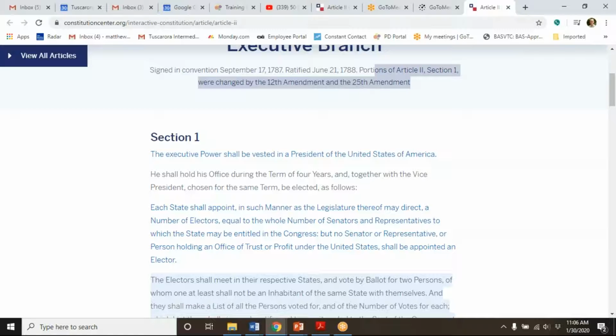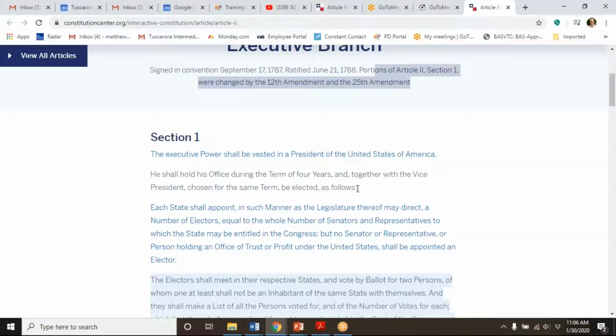If you sit down and you're taking the GED or the HiSET exam, and you have a reading that says Article 2, Section 1 of the Constitution, it's not something you can't read.